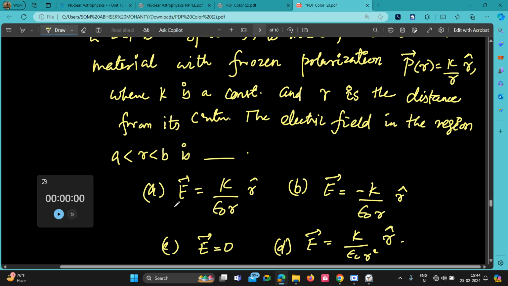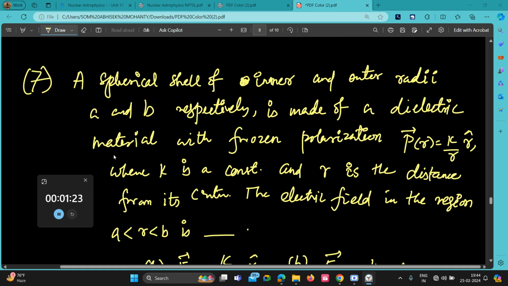Let's try it. A spherical cell of inner and outer radii A and B respectively is made of a dielectric material with frozen polarization P equal to k by r r cap.